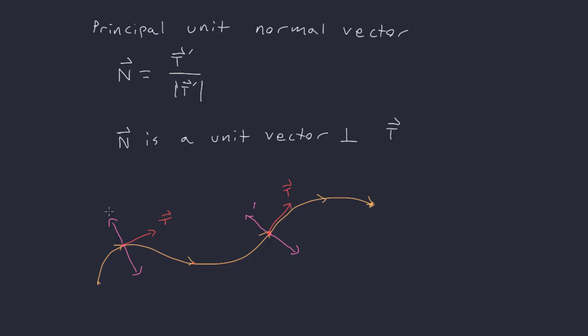Well, N is actually a very special one. N gives us the direction that the object is turning in. So T is the vector in the direction of travel. N gives the direction the object turns in.